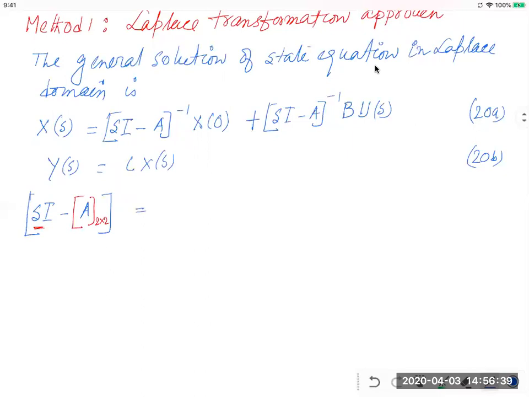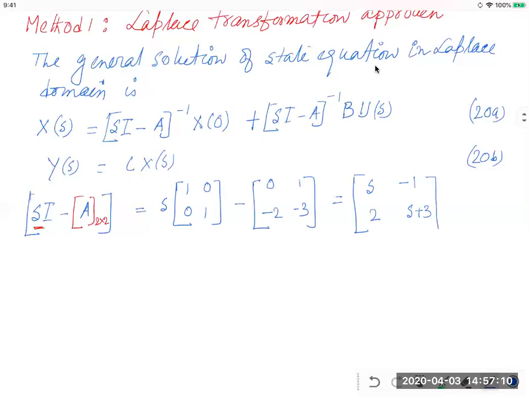But s is scalar, so I will be the identity matrix, which is 1 0 0 1, diagonal matrix, minus A, 0 1 minus 2 minus 3. That is equal to s, minus 1. Second row is 2, s plus 3.